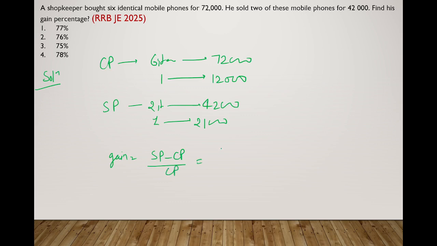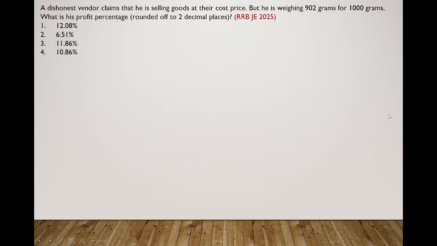So SP is 21, CP is 12, and again CP is 12. The difference is 9, so 9 by 12. This is 0.75. So gain is 75%. So answer number 3 is the right answer. Let's go to another question.